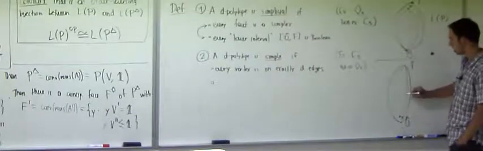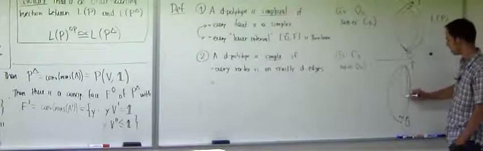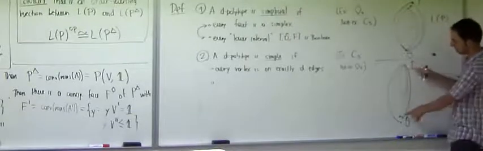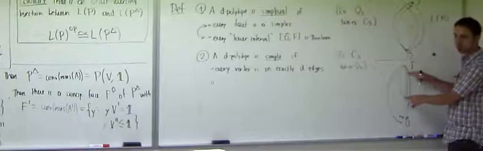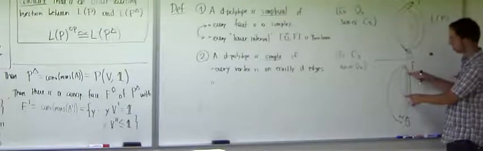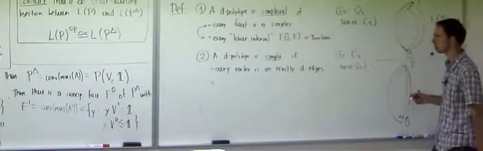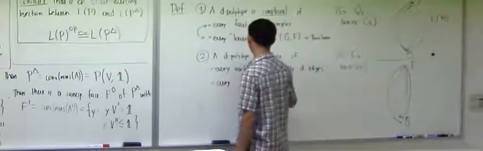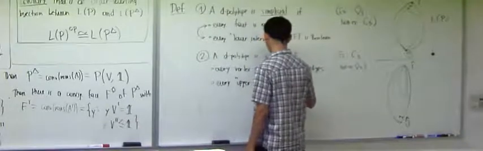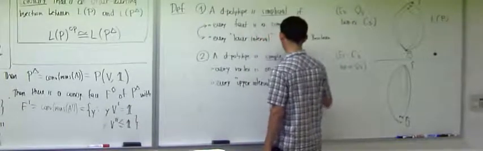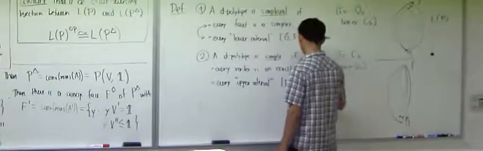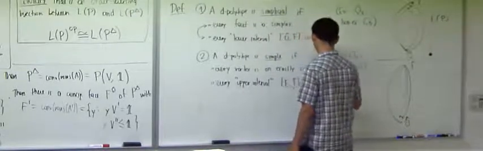And by the same reason, now if you look at any interval of it, then any interval of a Boolean poset is a Boolean poset, which means that this is going to be Boolean also. So this is equivalent to saying that every upper interval from F to the top is Boolean.